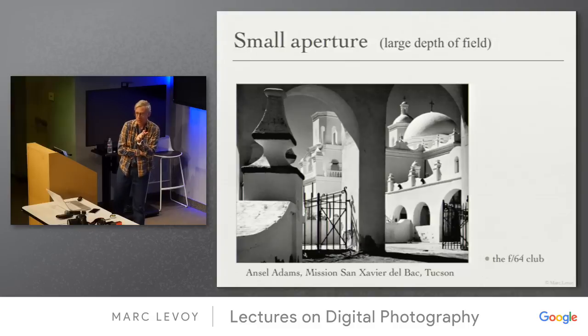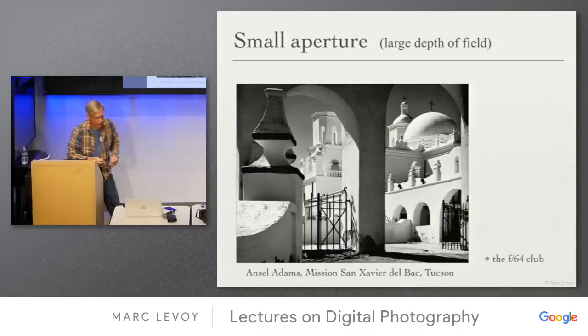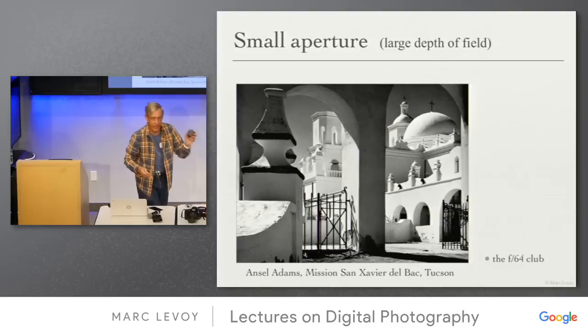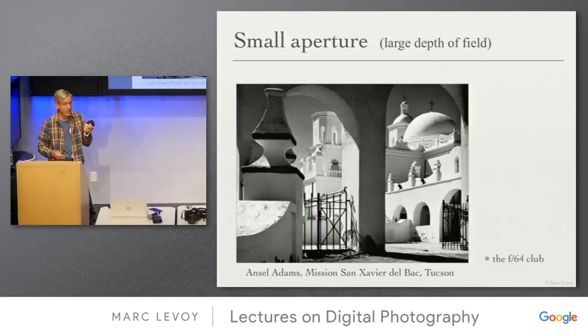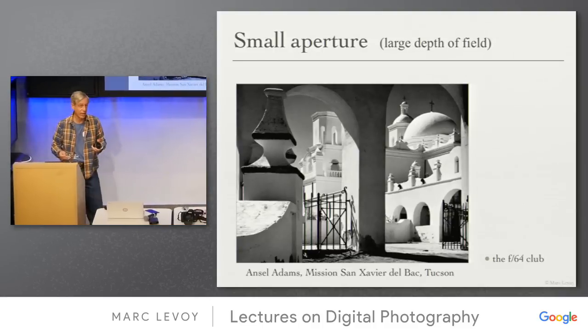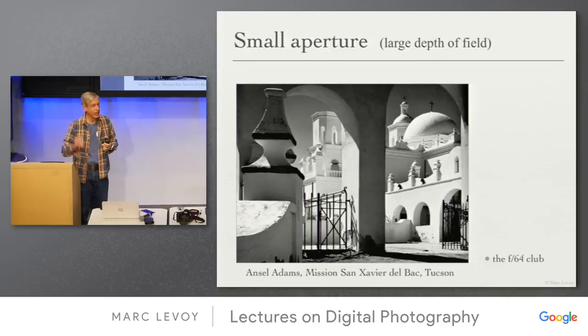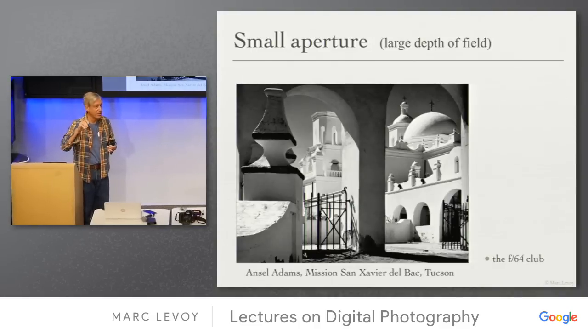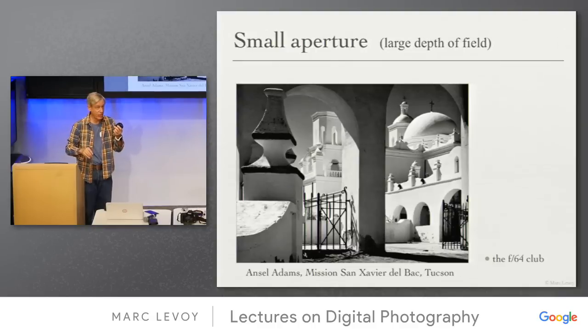So if you work the numbers, let's see. A typical SLR with a 50 millimeter lens like this, if you stop it down to F16, which is not even its smallest, that's about a 3 millimeter opening. 50 over 16 is 3. So the diameter is 3 millimeters.